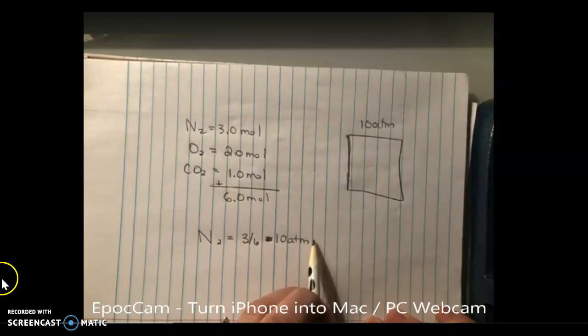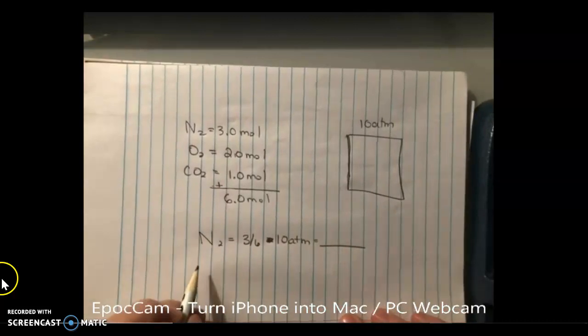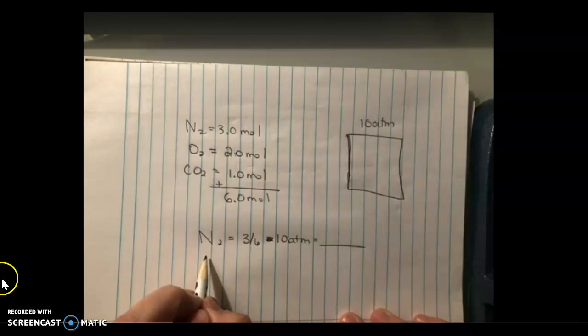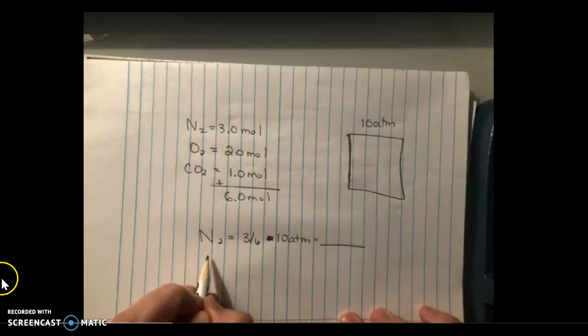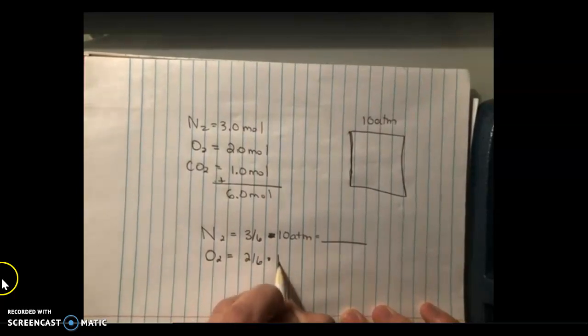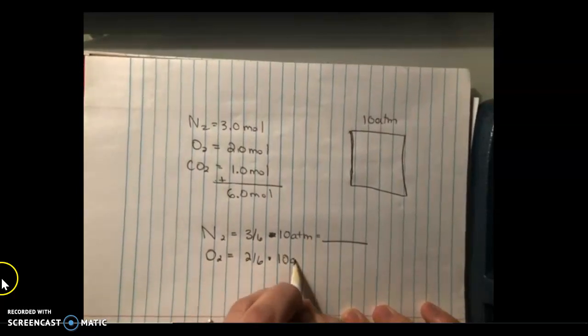For oxygen, 2 of the 6 moles times the 10 atmosphere total. And then for carbon dioxide, 1 of the 6 moles times the 10.